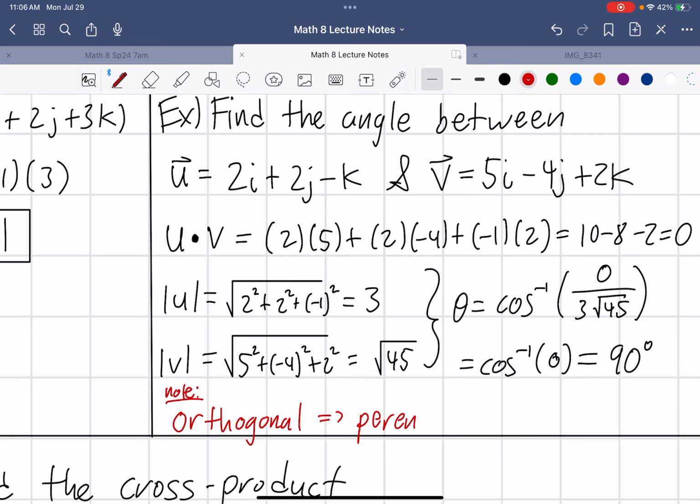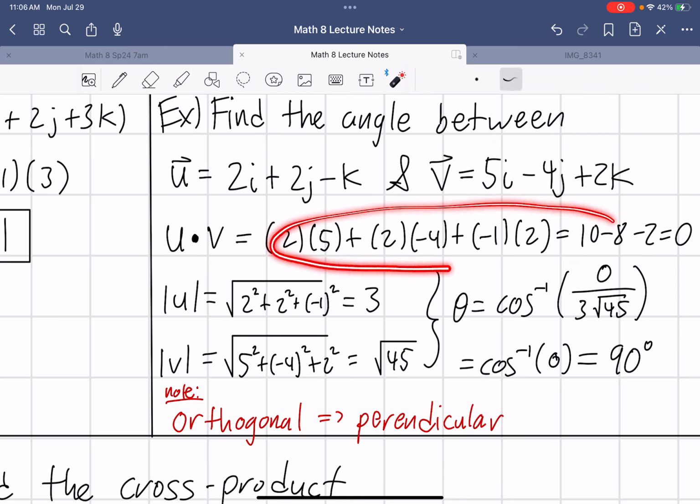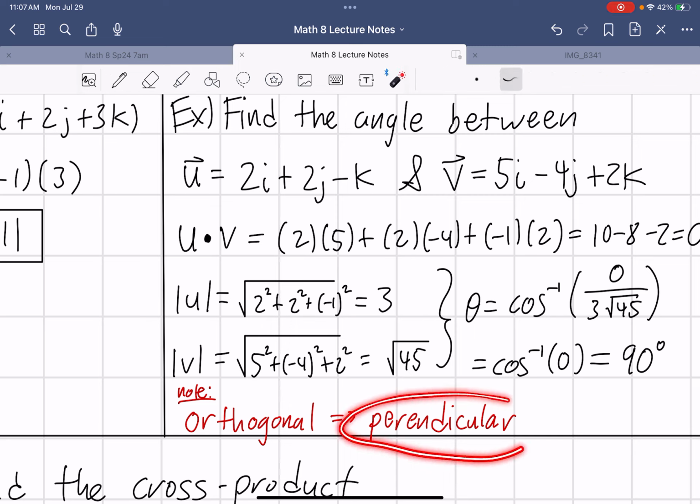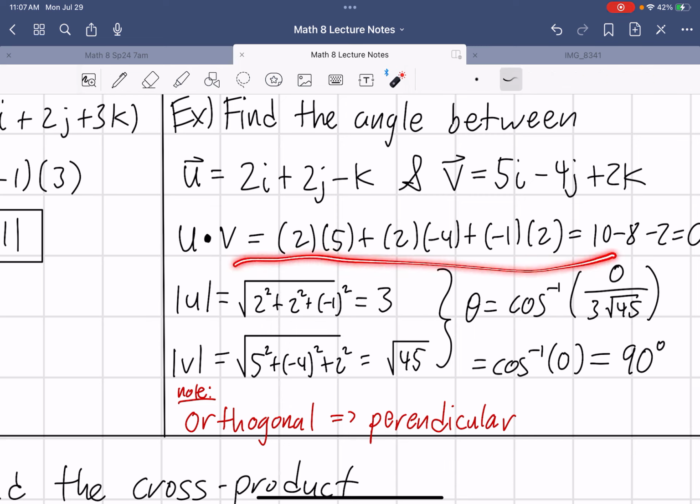And if you notice, I didn't really have to worry about the denominator of this formula, because just from the dot product, that gave me 0 in the numerator. Getting 0 in the numerator is automatically going to make everything 0. So there are some definitions that say that two vectors are perpendicular to each other if their dot product is equal to 0, because this part will happen every single time.